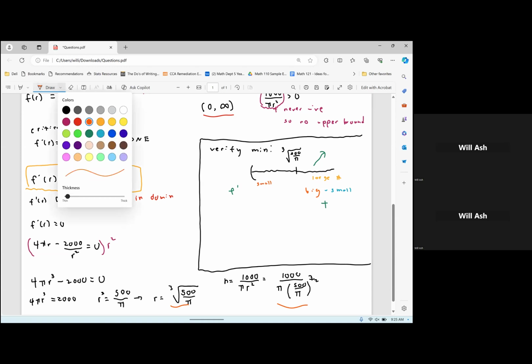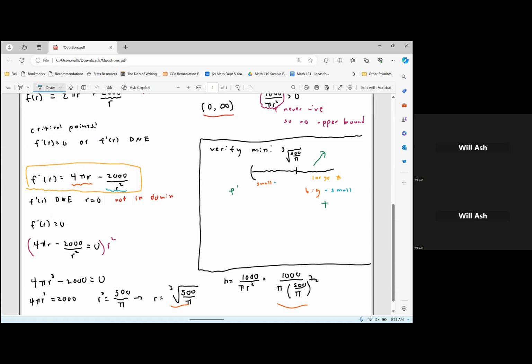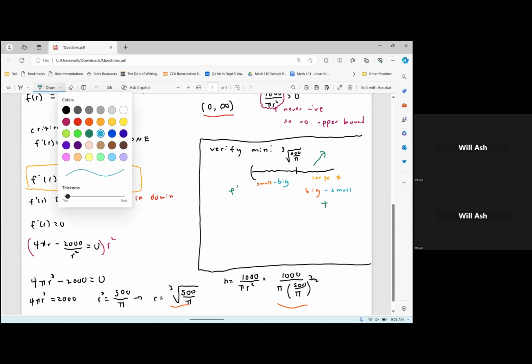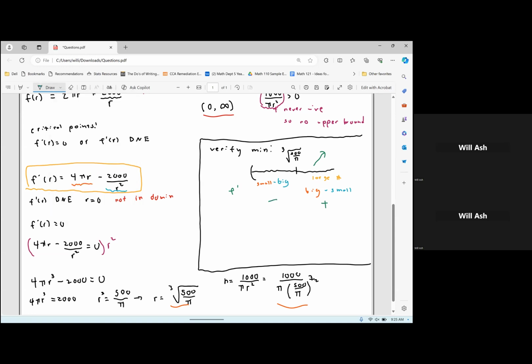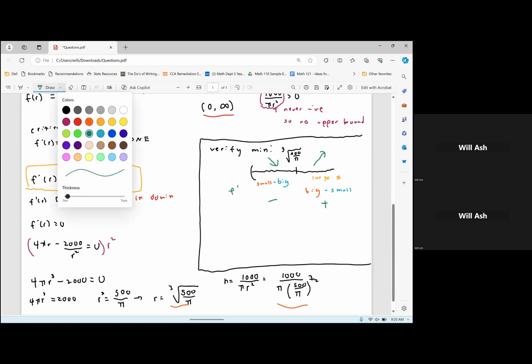And if you divide by a very small number, you're going to get something big. And if I take a small number minus a big number, I get something negative. And so my function must be decreasing. And if I decrease before this number and increase after this number, it must be indeed a minimum. So good.